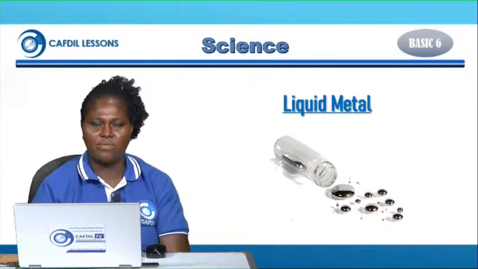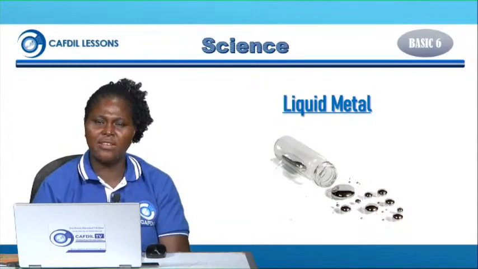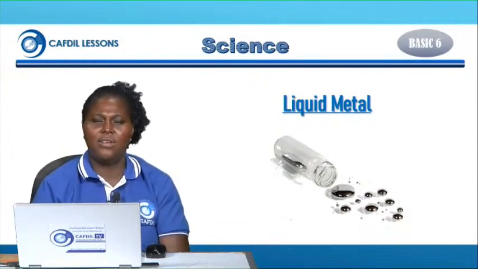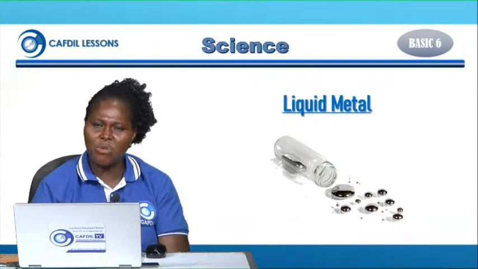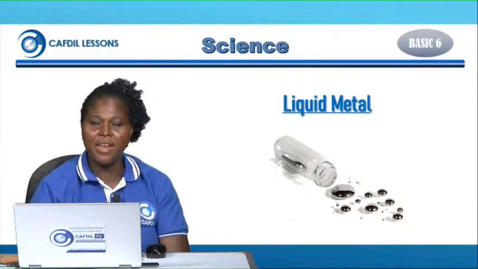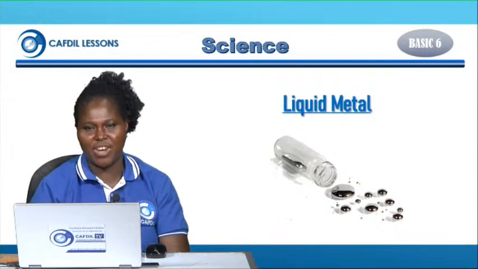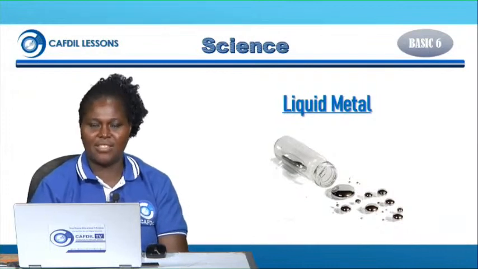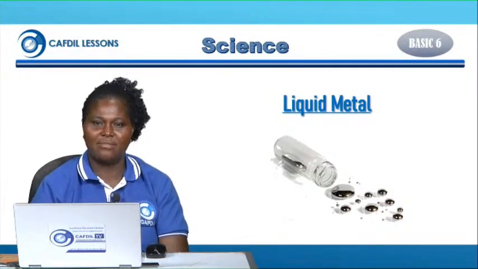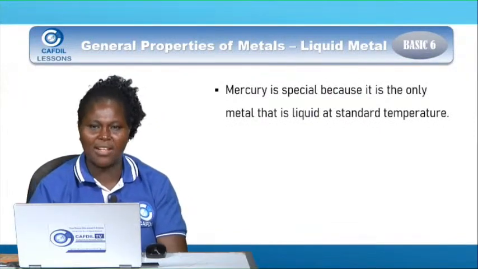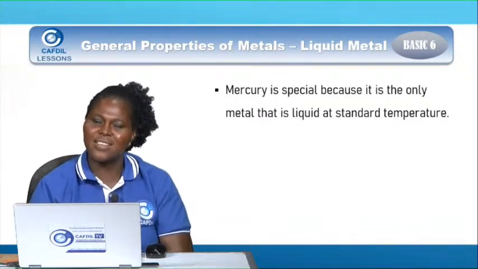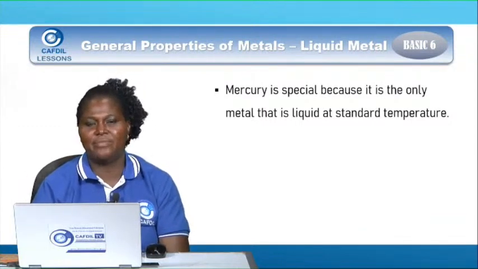Good. Now, we have a special property of metal. We have liquid metal, a metal being liquid. Isn't it interesting? Yes, liquid metal. Now, mercury is special because it is the only metal that is liquid at standard temperature.